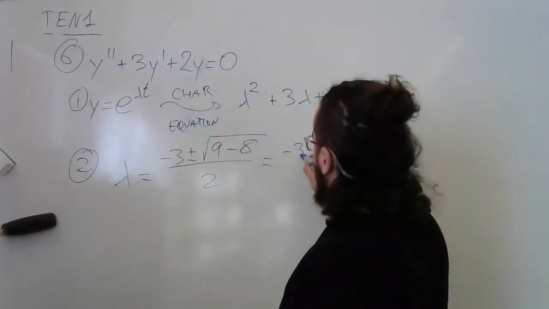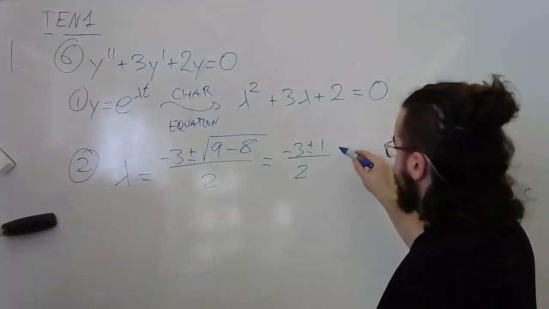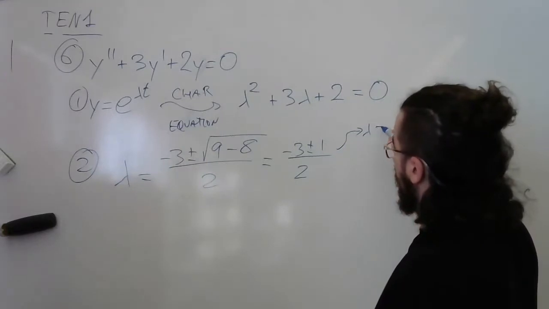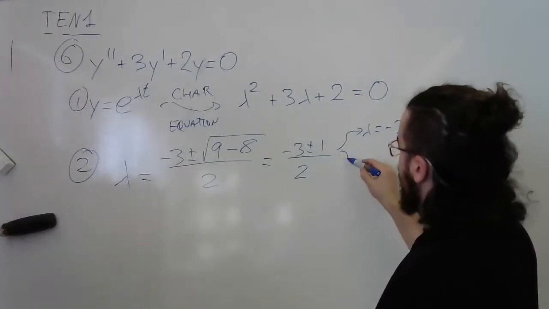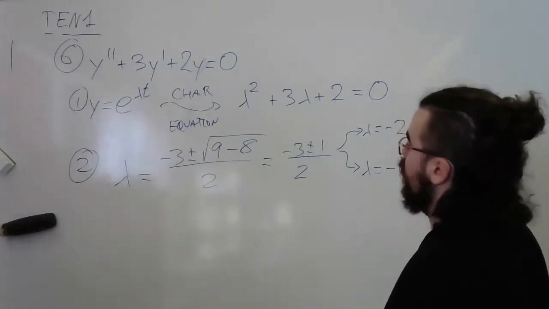This is minus 3 plus or minus 1 over 2. And so lambda is either minus 2 or minus 1.